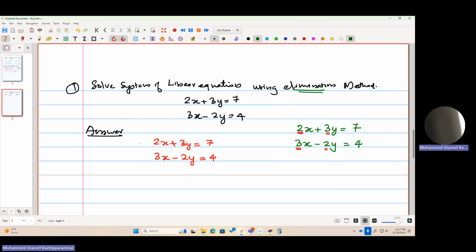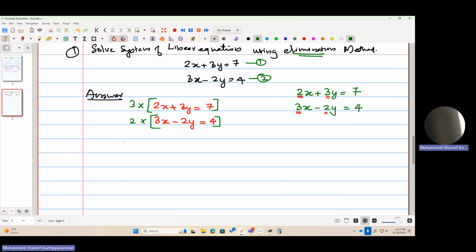If I multiply here 3 and here 2, then my x will be same. But whenever you do something for an equation, you have to do for both left and right. Otherwise the equation will imbalance. This is equation number 1, this is equation number 2.